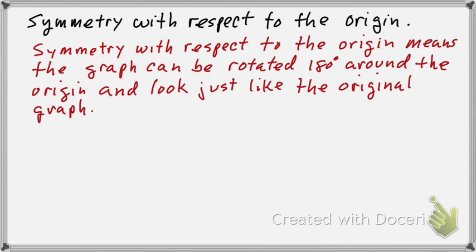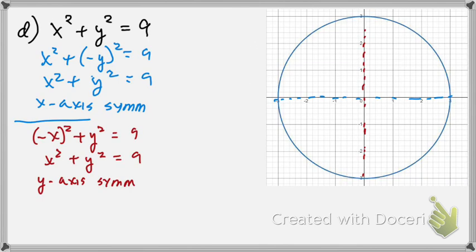We're getting pretty close to the end of the notes here. Okay, symmetry with respect to the origin means, let's go back and look at our circle. It means if I put a pin right here at the origin, and then just picked a point on that circle.